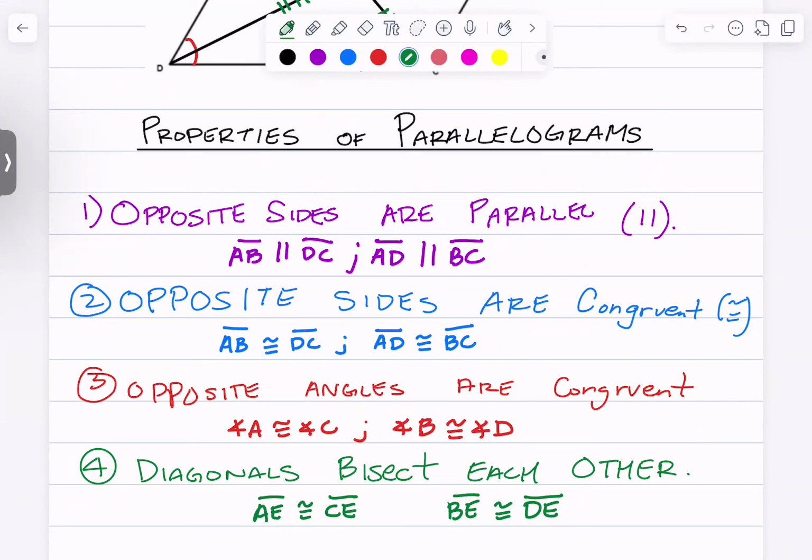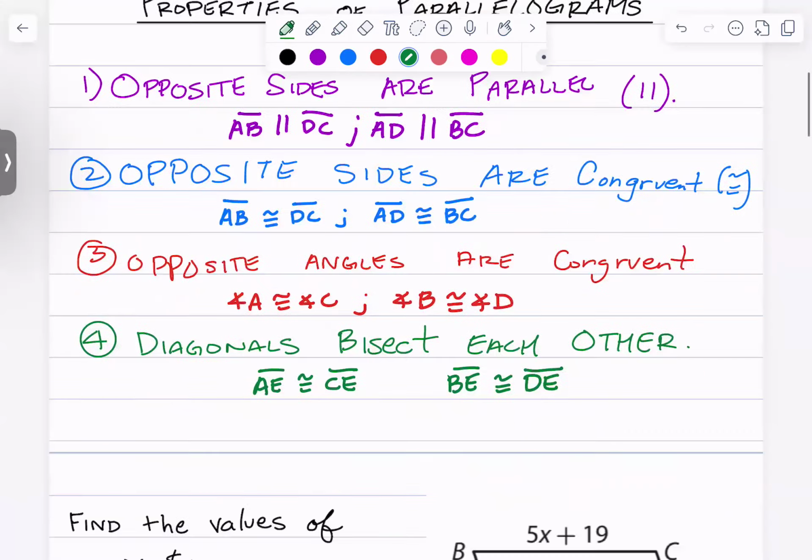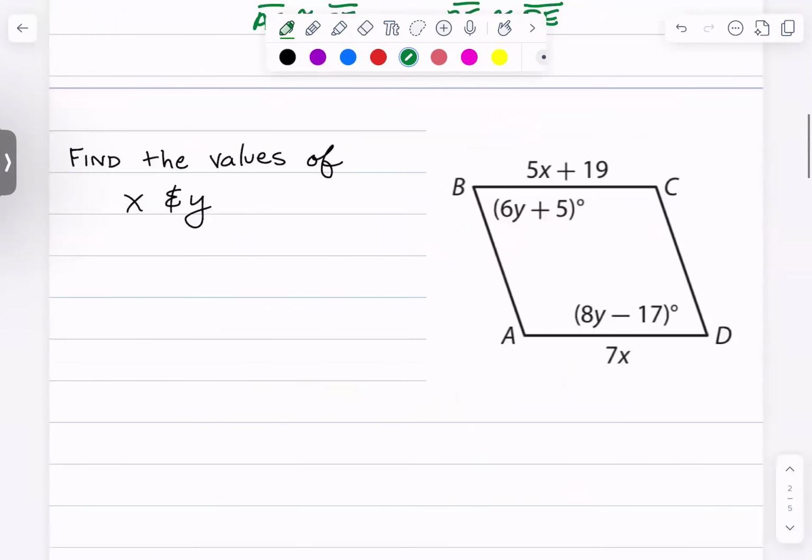So with that in hand, we are going to be solving some problems and doing some examples. Okay. So we have to find the values of X and Y. Here we have 5X plus 19, and here we have 7X. Okay, just looking at the sides for now.